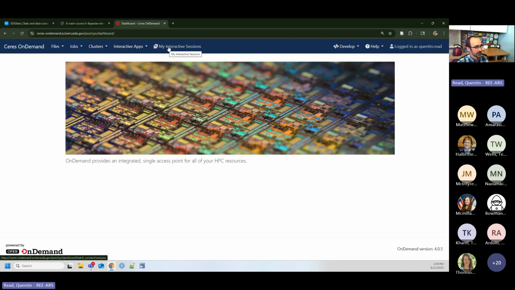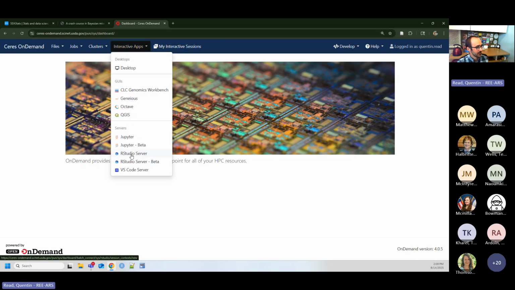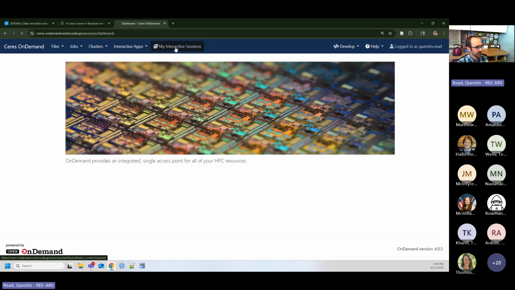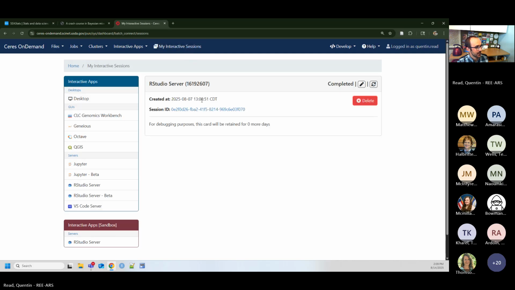You can either start a new RStudio server session this way, or you can go to My Interactive Sessions, and if you have your previous week's session, you can click on this relaunch button and it will start a new one with the exact same options as last time, so you don't have to go back and enter them in.